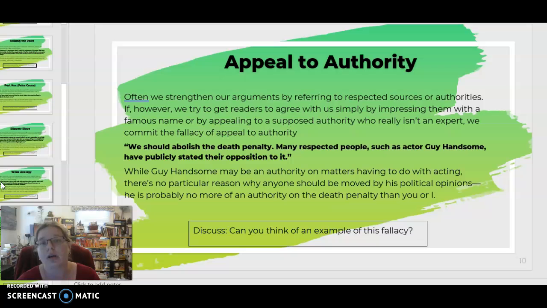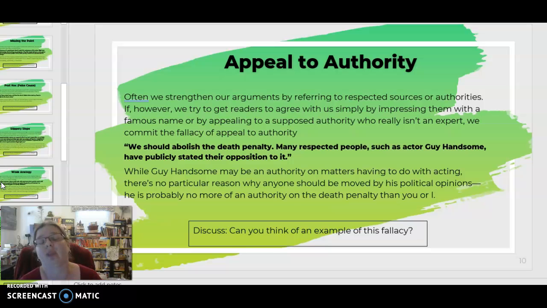The appeal to authority fallacy is essentially when we are calling on the credibility of someone else to lend credence or strength to our argument. But it's important that the person that we're calling on is really an expert in this particular topic. Just because someone is a celebrity or well-known doesn't necessarily make them an expert or give them any credibility.